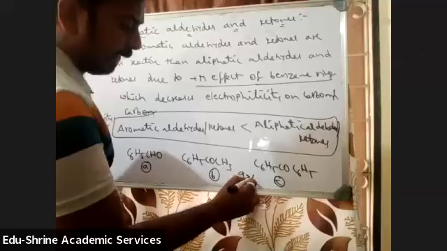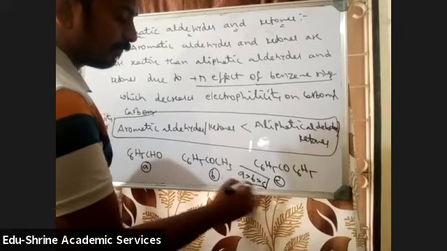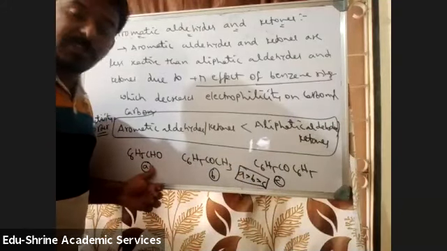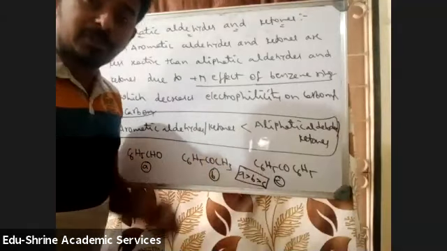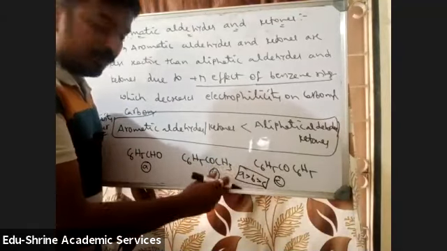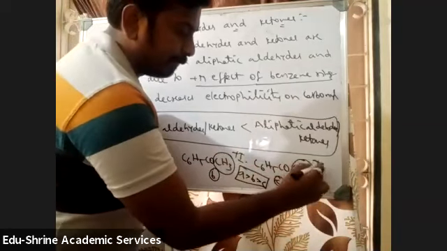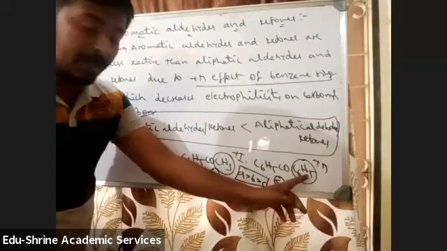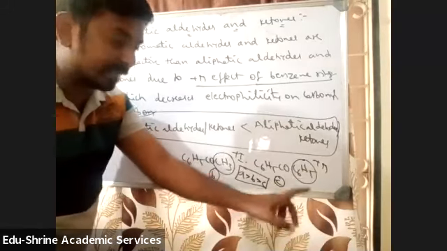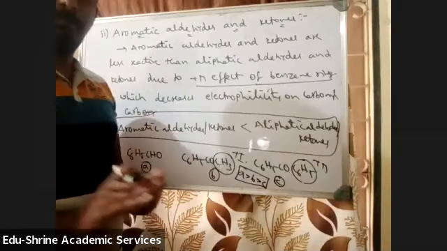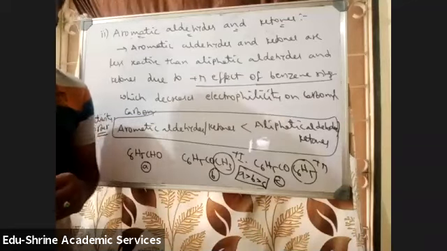So the answer will be A, B, and C. Aromatic aldehydes must definitely be more reactive than aromatic ketones. There are two aromatic ketones. Here it is plus I. Here it is plus M. Due to plus M, reactivity will be further decreased in this compound. So the order will be A greater than B greater than C.